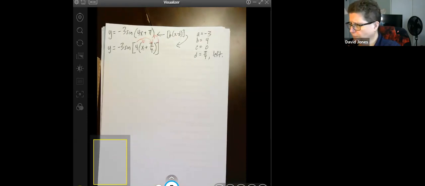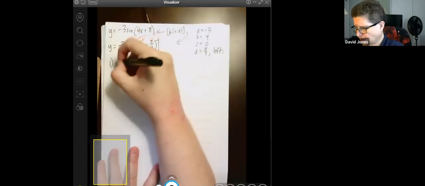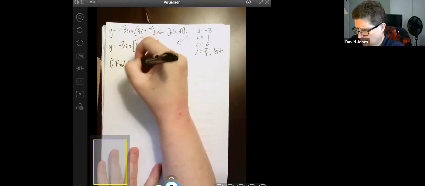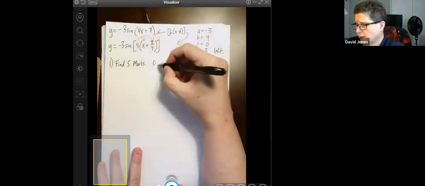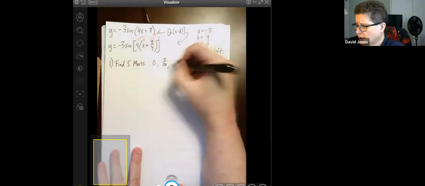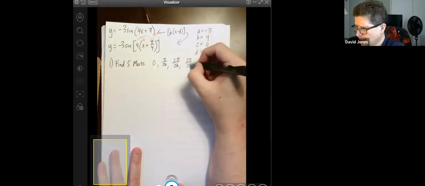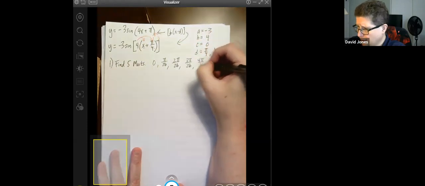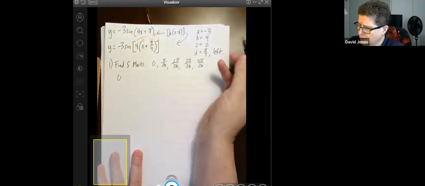So let's take a look at our part 1. Find the marks. We have 0, pi over 2b, 2 pi over 2b, 3 pi over 2b, 4 pi over 2b. When I put it in, I get 0.